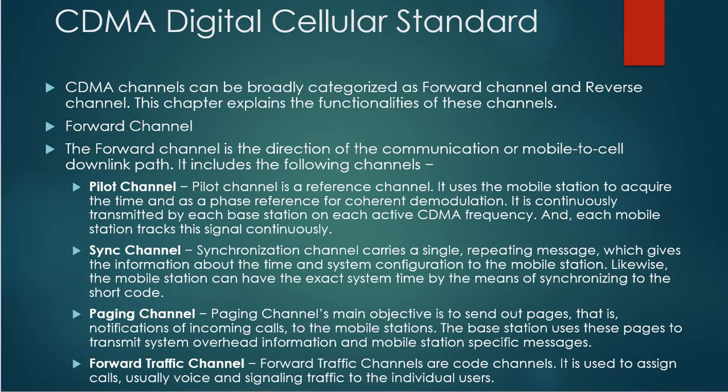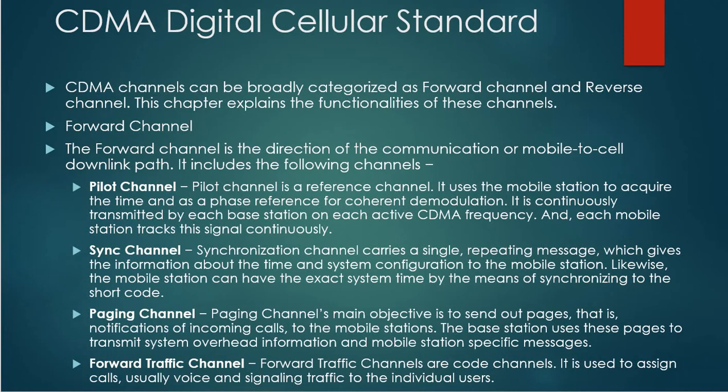So the pilot channel is used by the mobile stations to acquire the time and as a phase reference for coherent demodulation. It is continuously transmitted by its base stations. The BTS transmits a continuous channel at its active CDMA frequencies, and the mobile stations, MS, our mobile phones, track these signals continuously.